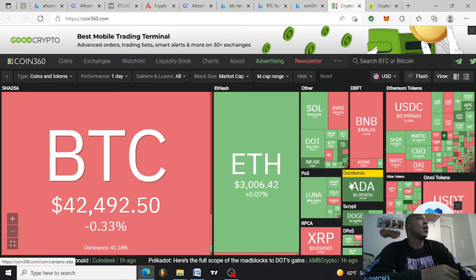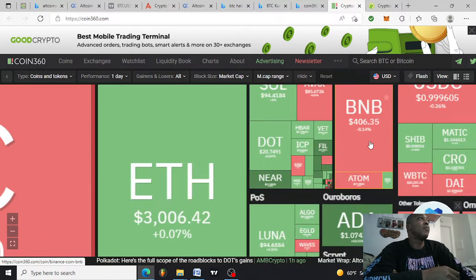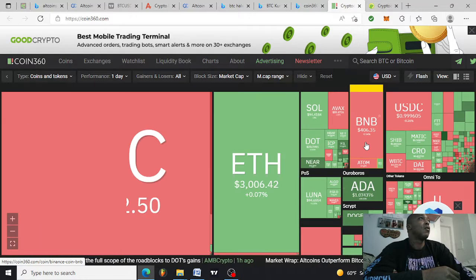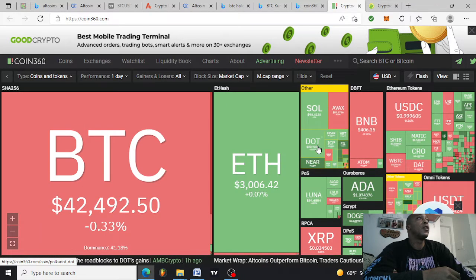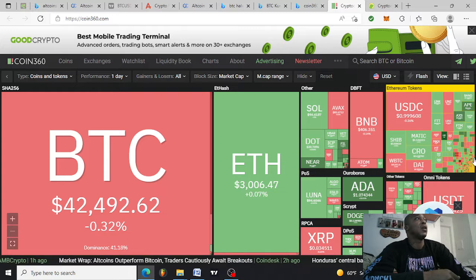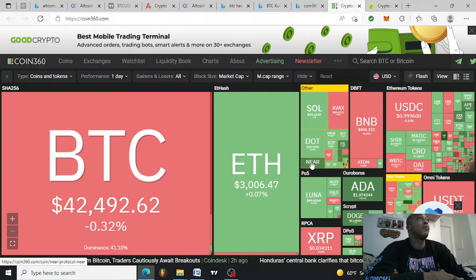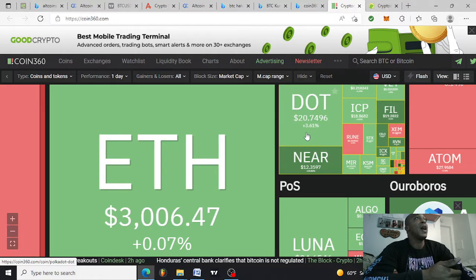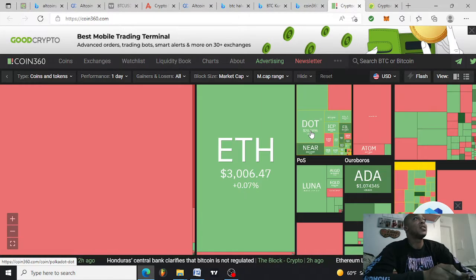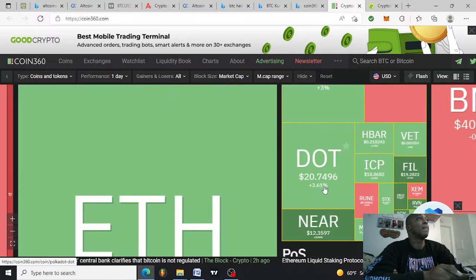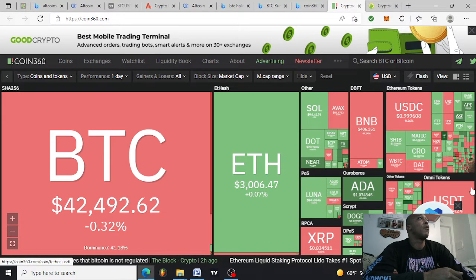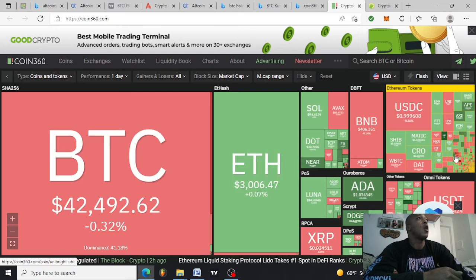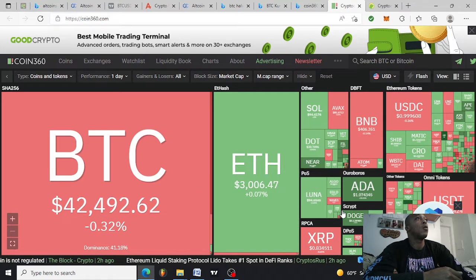Alright, here we have blood in the streets for BNB. Okay, and in other blockchains, they're still profitable. There's still people putting their money in right now. In the 24-hour period, they came up with positive percentages, like Polkadot is up 3.61% in a 24-hour period, and so are these other alternate coins, these other altcoins.